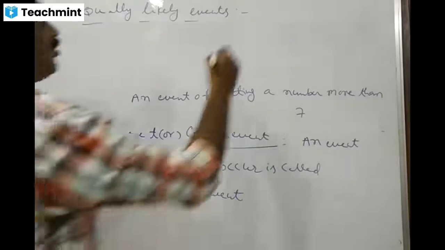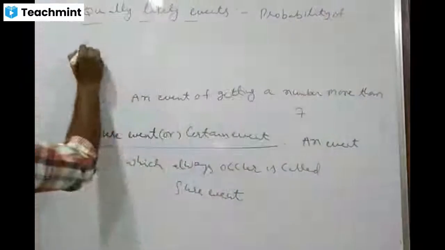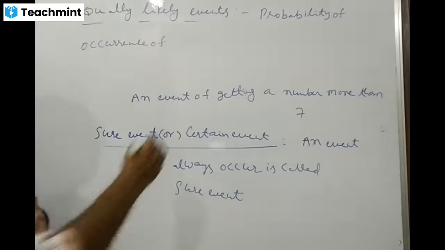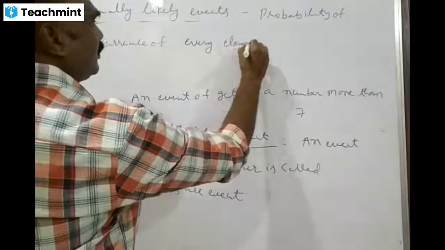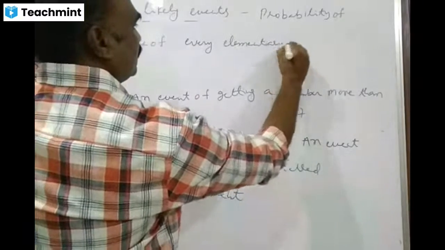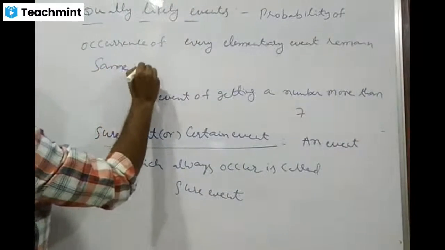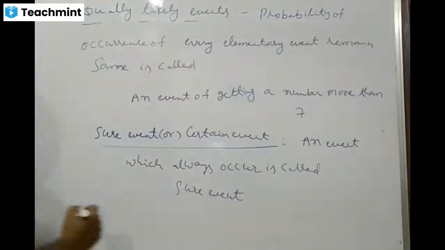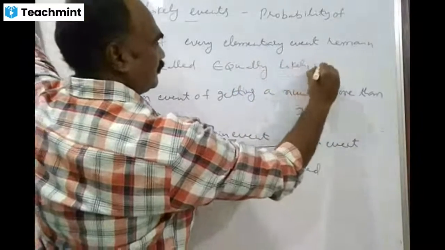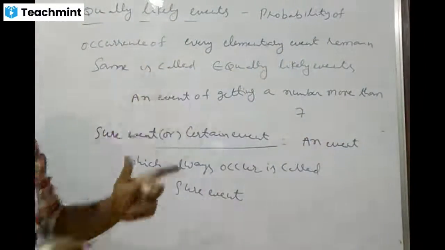If the probability of occurrence of every elementary event remains the same, they are called equally likely events.